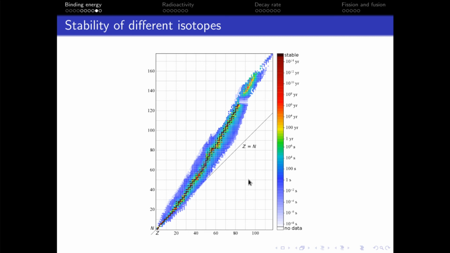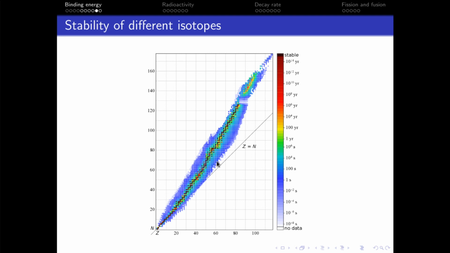Whenever a nucleus decays, whenever it gets destroyed, its goal, as every particle in the universe, is to get a lower energy, to get more stable. So it will decay in order to reach a more stable configuration. For instance, this blue square would tend to decay towards the bottom, to the dark line.